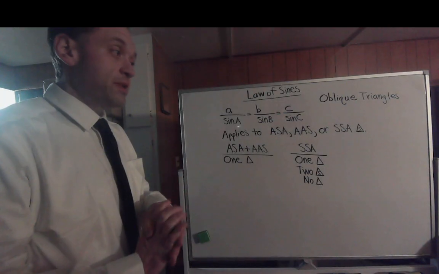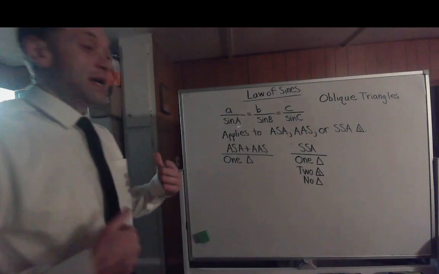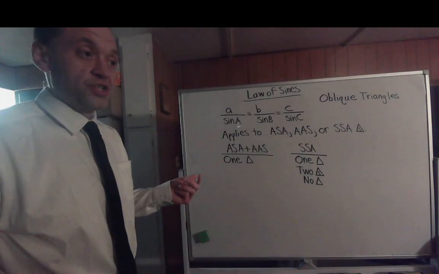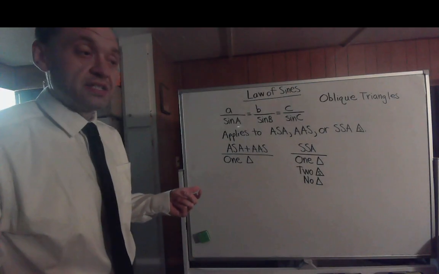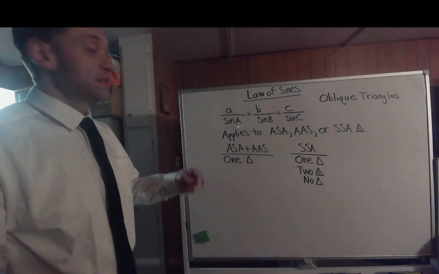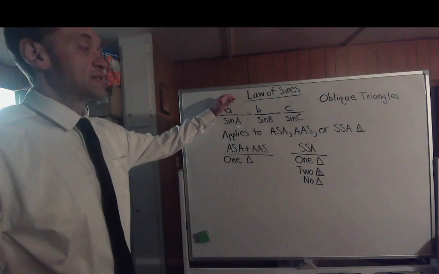So today we are starting the unit on applying trigonometry. In today's lesson, this may sound a little familiar from Algebra 2 Trig for those of you that took it with me or if you had previous exposure in other courses. But what we're going to talk about today is called the law of sines.